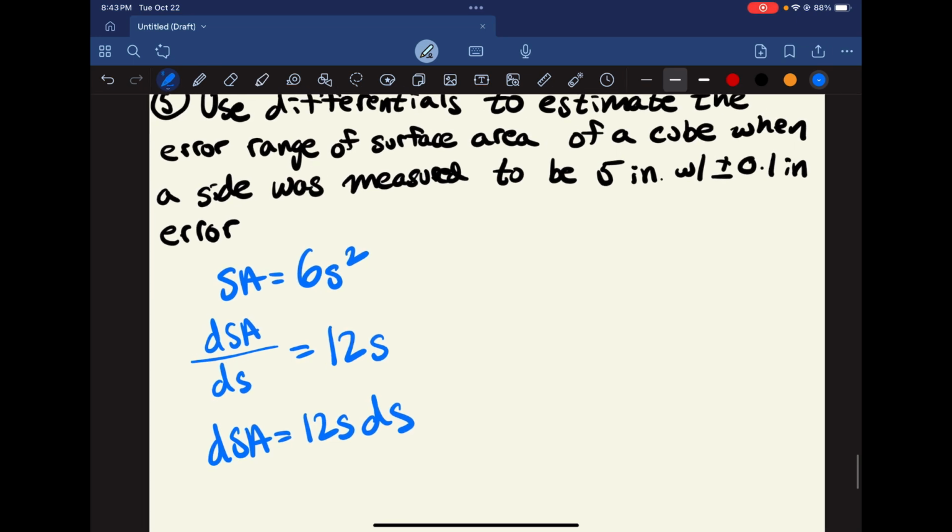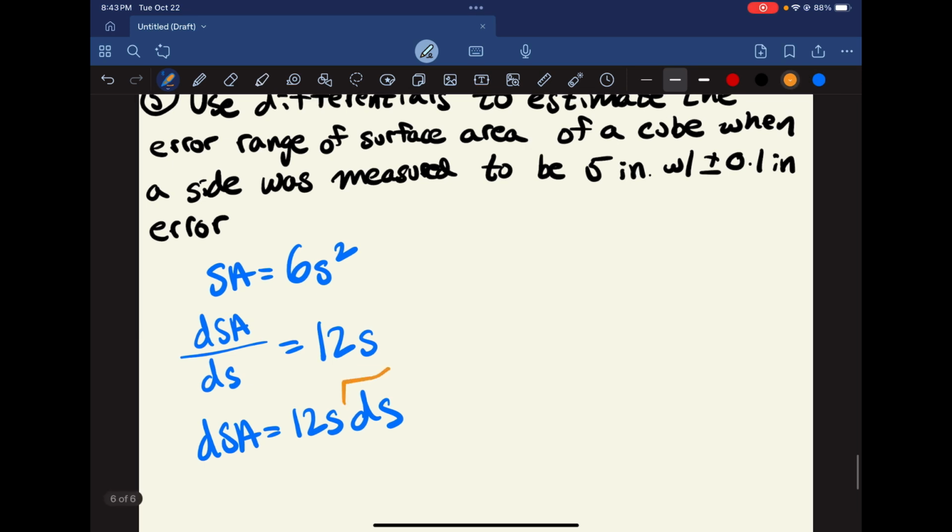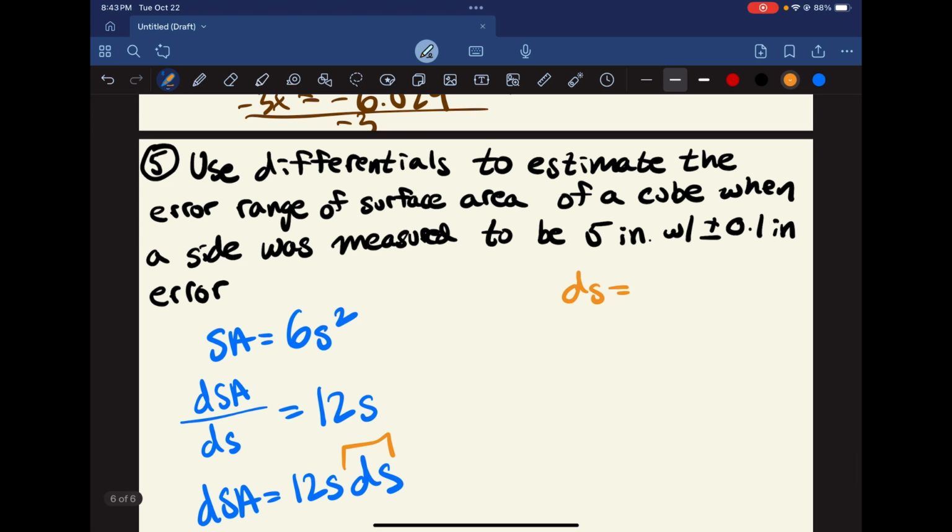And d of anything is really just however much that thing changes. So this changes plus or minus 0.1 inches, so our ds is 0.1.